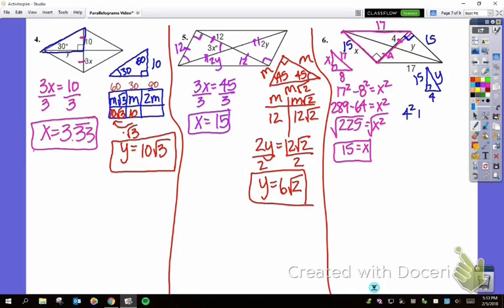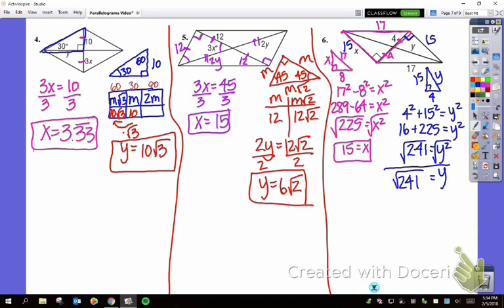We get 4 squared plus 15 squared equals y squared. You get 16 plus 225 equals y squared. And when you add 16 plus 225, you get 241 equals y squared. And then you square root. Now, in this case, we would normally try and simplify, but for today, we are just going to leave it as square root of 241.